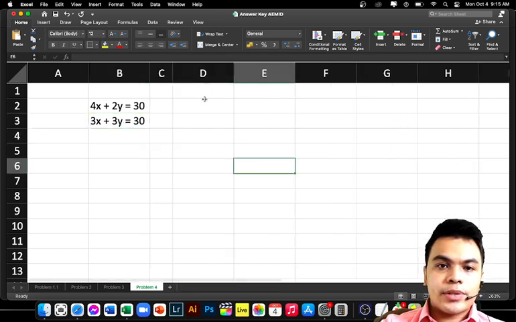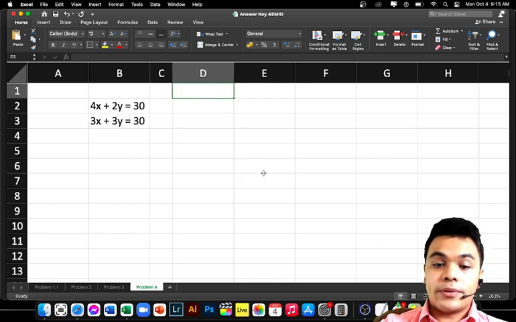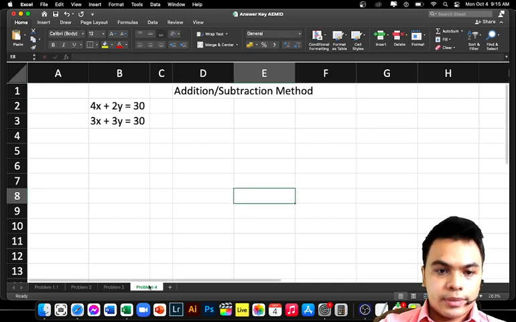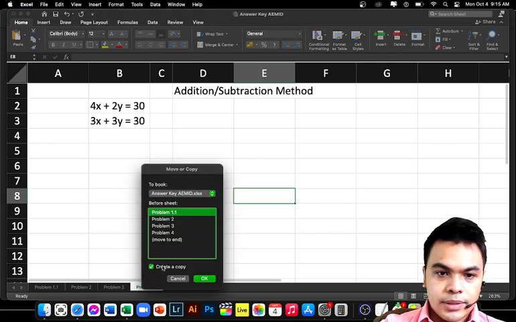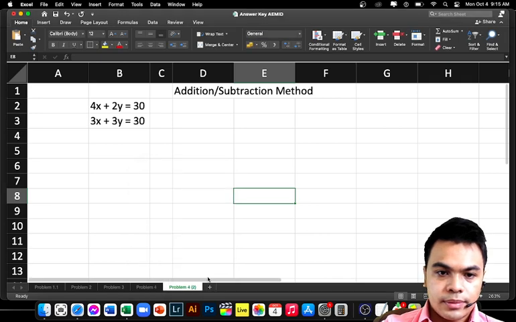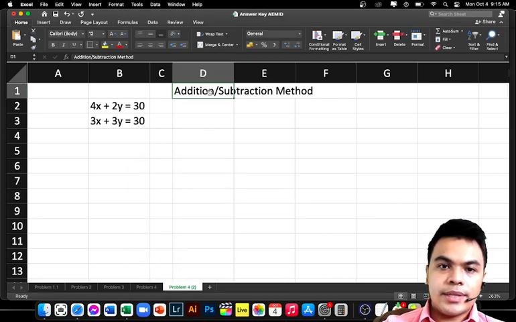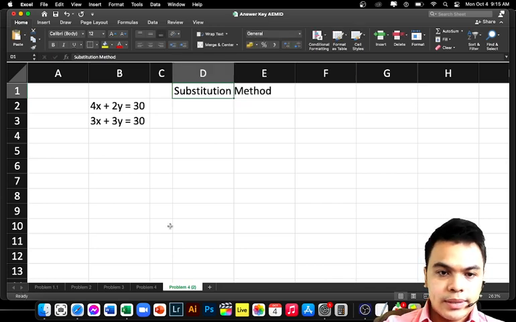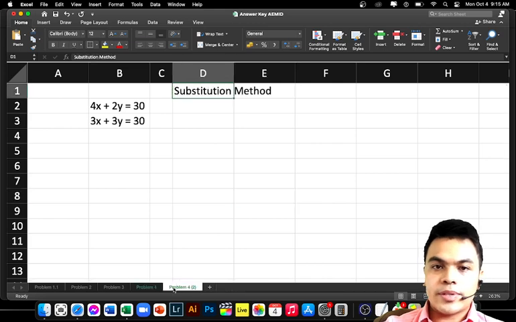In our discussion, we have 2 methods: the addition or addition-subtraction method, and the substitution method. Either of these methods you used, you will have the same answer.